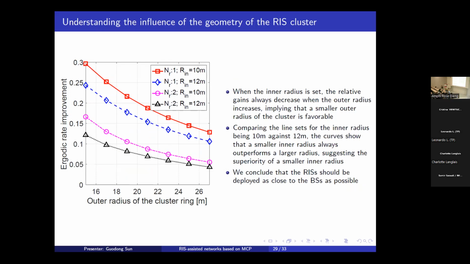We see that with the increase of the outer radius, the performance gain decreases. We see the penalty of the path loss, the two-leg multiplication of the path loss. For the inner radius, it's the same. It basically says you should deploy RIS as close as possible, unless there are some obstacles forbidding it.